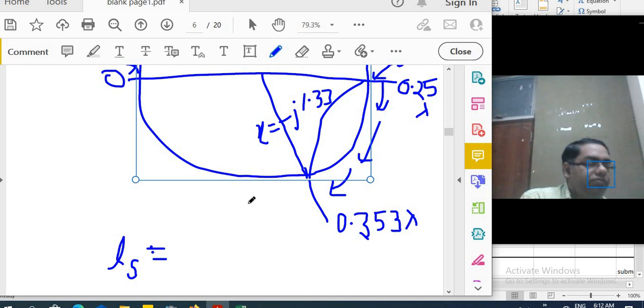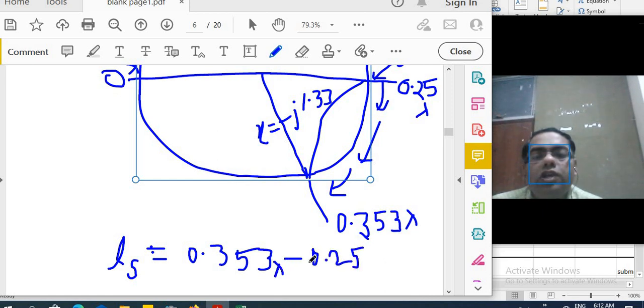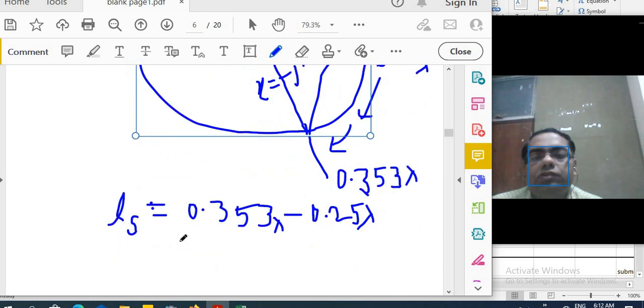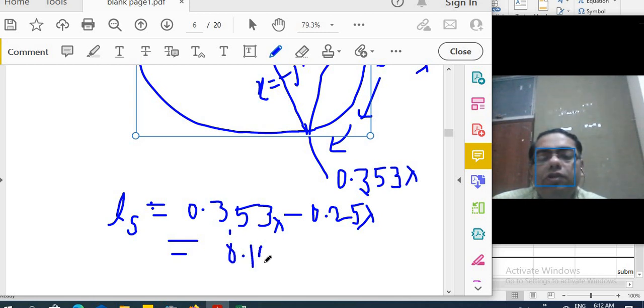L2 will be 0.353 minus 0.25, all in lambda. This comes out to be 0.103 lambda. This is the second length of the stub.